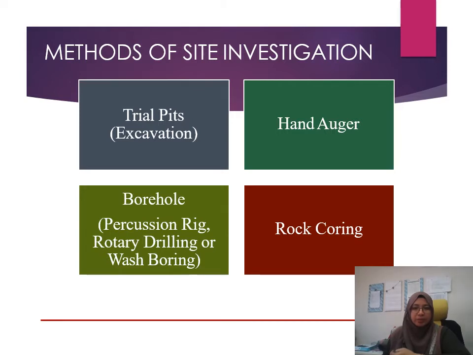Number 2 is hand auger. Number 3 is using borehole, so you advance the borehole into the ground. There are various types of procedure: number 1 is using percussion rig, number 2 is using rotary drilling or wash boring, and the last one is rock coring.